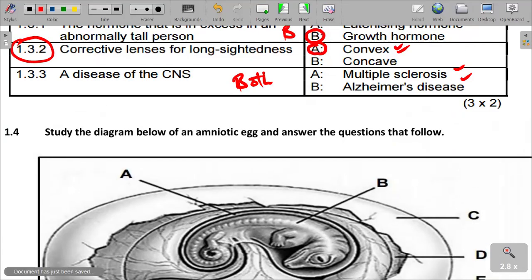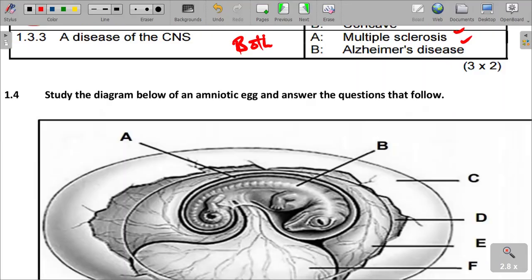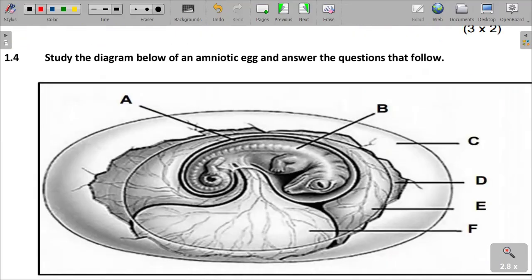Study the diagram. It's an amniotic egg, and answer the questions that follow. I've said that this is also quite an interesting one. The development of an amniotic egg. We talk about reproduction in invertebrates, which facilitated evolution.